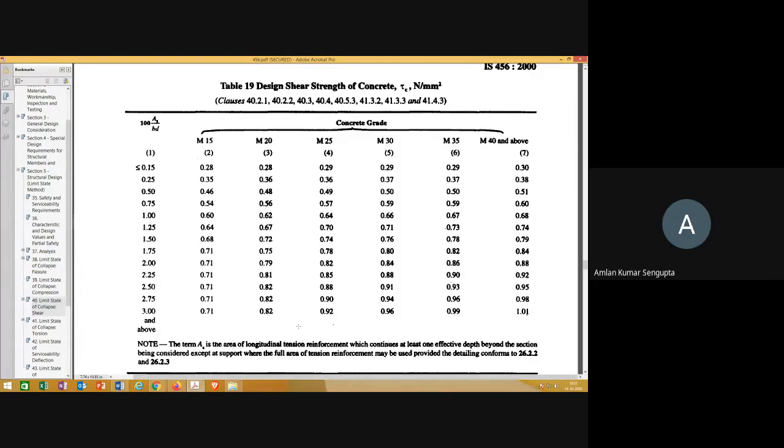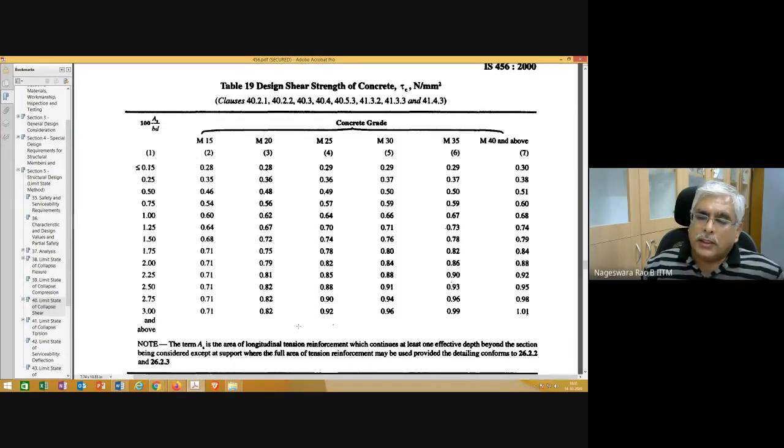Any questions? So far what we looked at in today's class: given a beam, please keep a watch on whether the depth is varying or uniform. If depth is uniform, how to calculate nominal shear stress, the equation is given in IS 456. And if the depth is varying, a different expression you need to use to get the nominal shear stress.